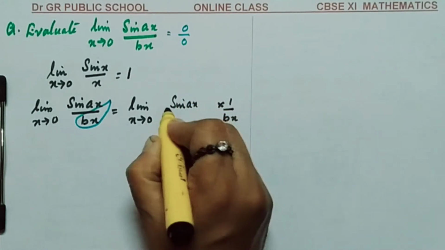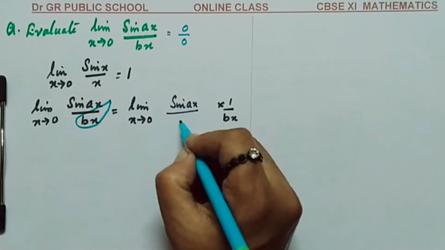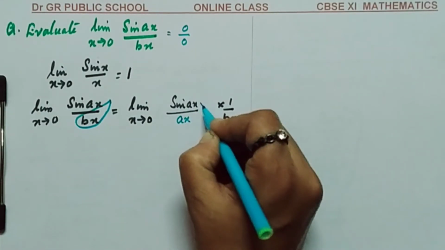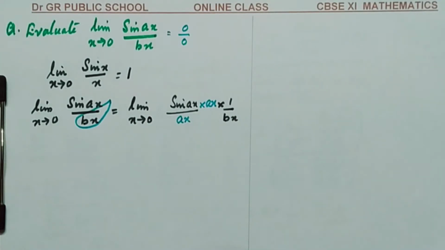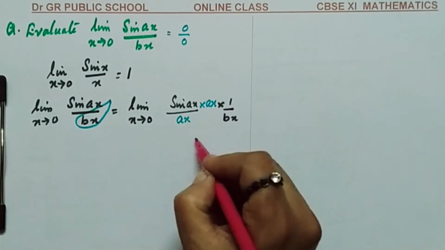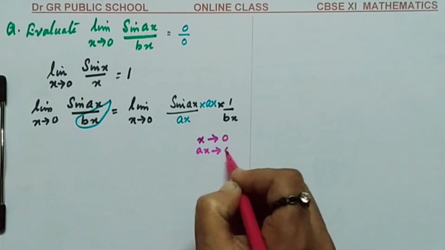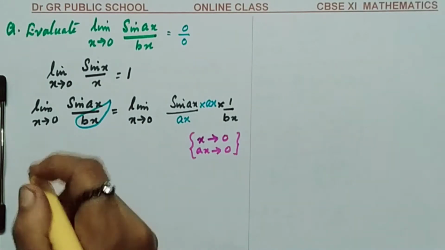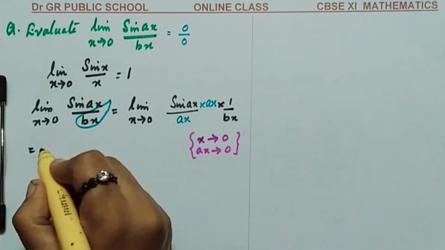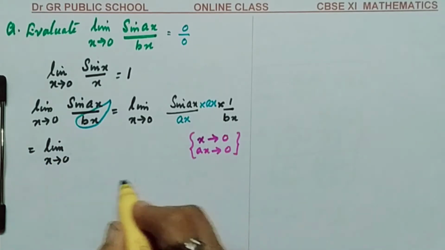For that sin ax, the same ax comes in the denominator, so I need to multiply by an ax in the numerator. But it is clear for you that when x tends to 0, ax tends to 0. So, no problem with the limit. So, which is equivalent to limit x tends to 0.